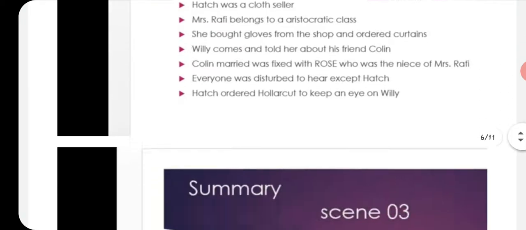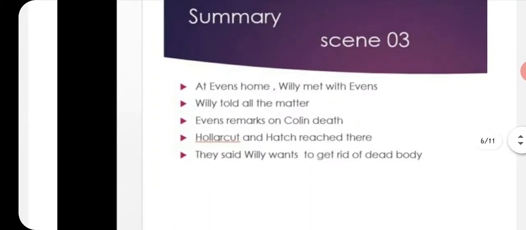After that, the third scene is a comparatively short scene. That is the scene of Evans' home. Willie meets Evans and tells him all the matter, and Evans says that he knows about it.